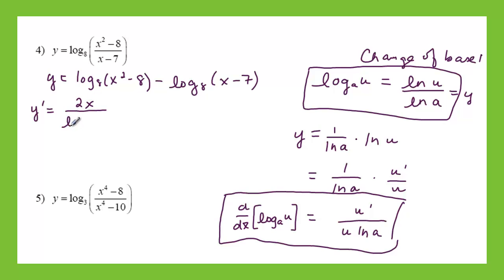So I'm going to write this as natural log of 8 times x squared minus 8. Then we'll come over here and do the second one. We need u prime, so that's just going to give us 1. And on the bottom, we'll have natural log of 8 times our u.